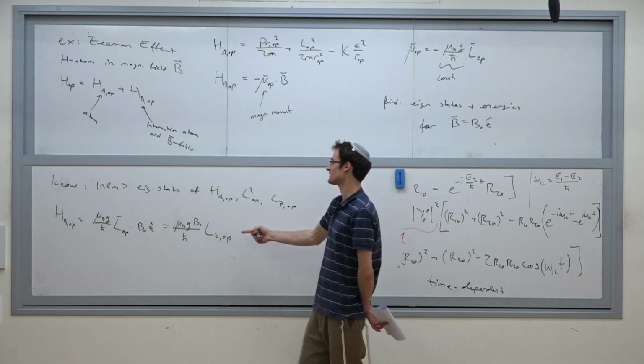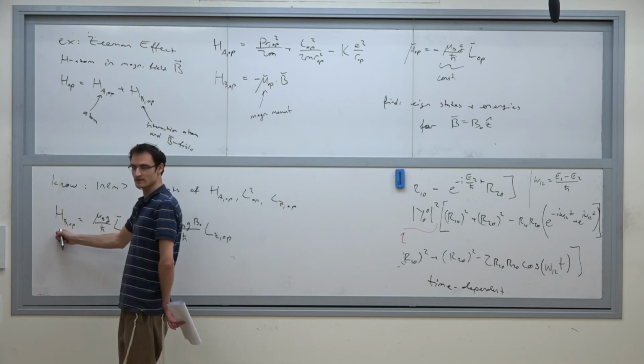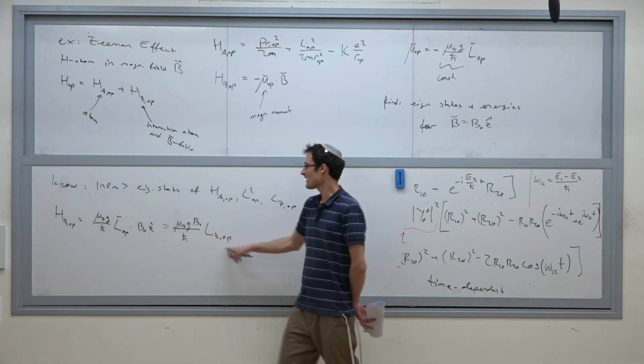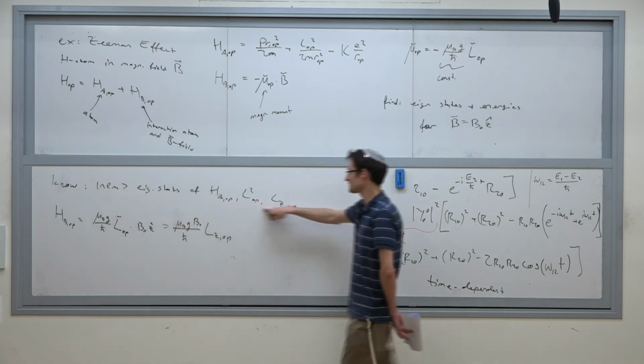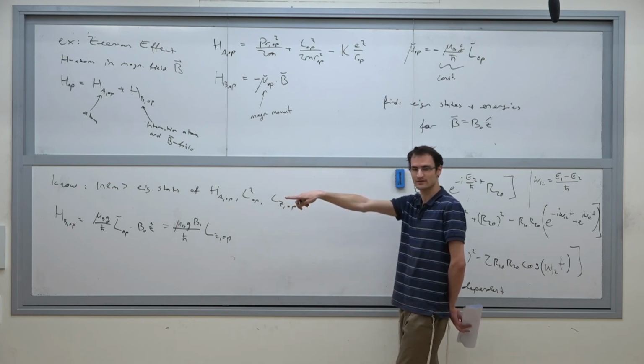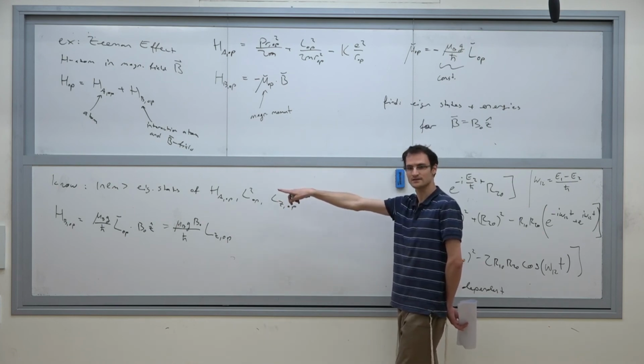Now, look how great that is. This Hamiltonian is, up to some constants, Lz. And these are eigenstates of Lz. So the eigenstates of the total Hamiltonian are just these NLM states.